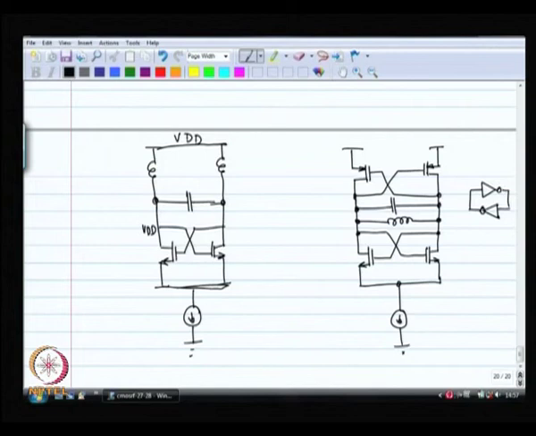So, this also is quite popular, right, and in this case the negative resistance that you are getting is even better than before, because now you have the GM of the NMOS plus the GM of the PMOS, right. Of course, you also have the RDS of the NMOS and the RDS of the PMOS, but if that is not of concern compared to the resistance in the inductor, then this could be a potentially better topology.